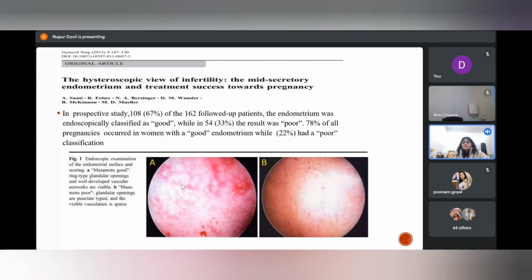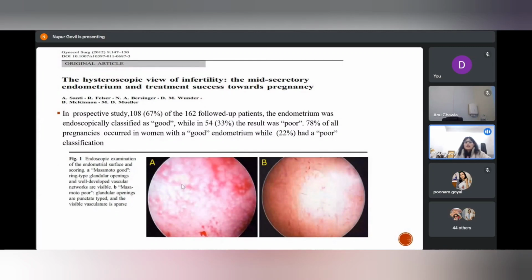This was a study done by Santi et al. in 2012, based on the Masamoto score, in which they differentiated a receptive endometrium as good and an unreceptive endometrium as poor, based on the type of glandular openings and vascular networks seen on the mucosal surface during hysteroscopy. It was considered Masamoto good if there were ring-type glandular openings. It was considered poor if the glandular openings were punctate or very sparse.